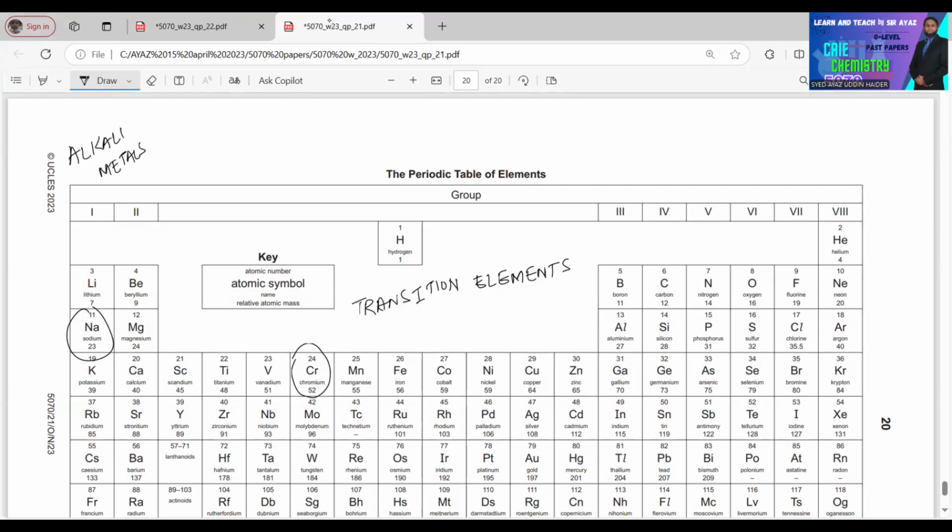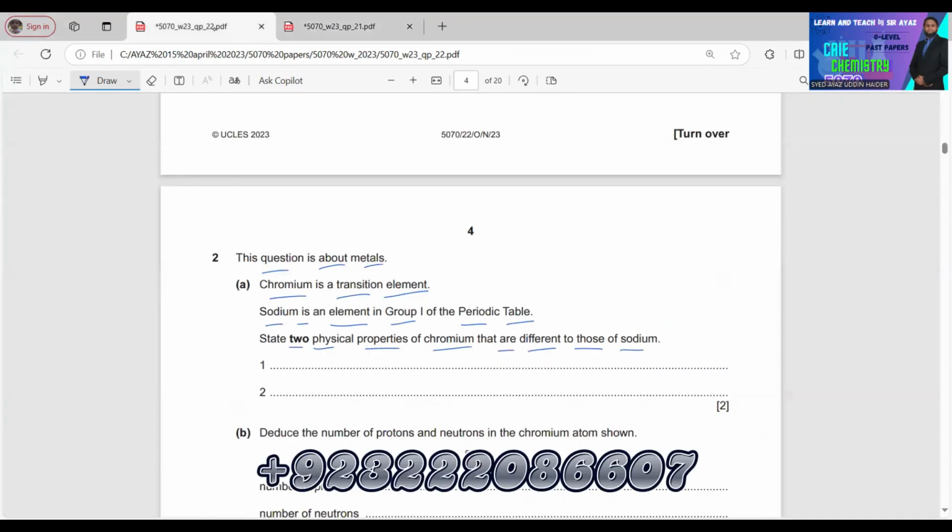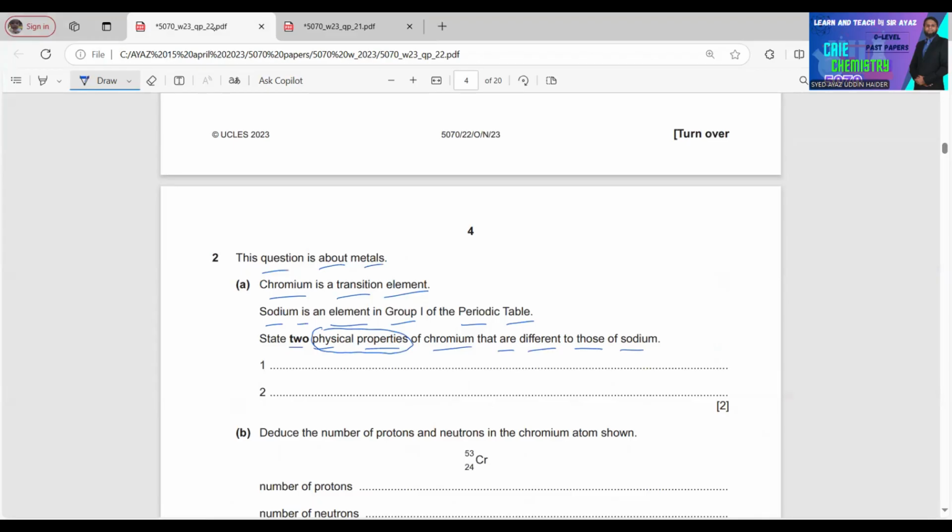So they are asking us to write down differences or the physical properties. They're saying physical properties, not chemical properties. Remember, when they are saying physical properties, you have to quote physical properties.